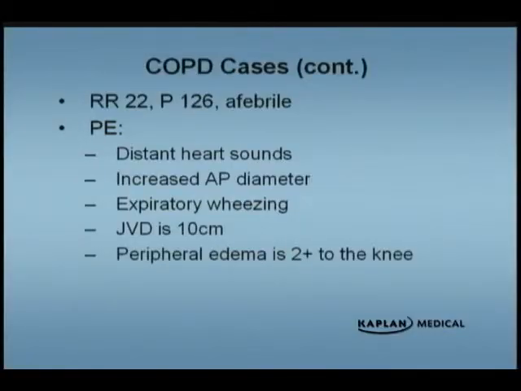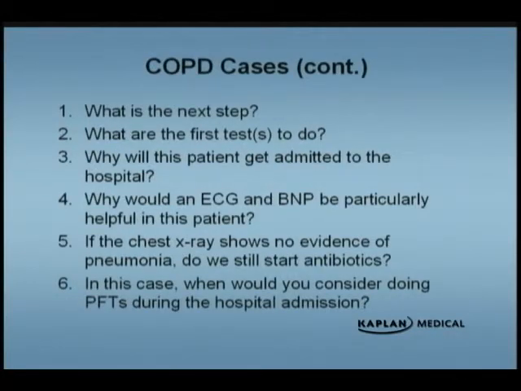Now, listen to this. I'm going to go back a slide here. Look at this. His JVD is 10 centimeters here. Okay? Now, this is important because you say, wait a second, maybe he's got cor pulmonale. Maybe he has congestive heart failure from something else. He has hyperlipidemia, he has hypertension. So one of the first tests to do after you do the ABG, after you do your X-ray, is to do a BNP.